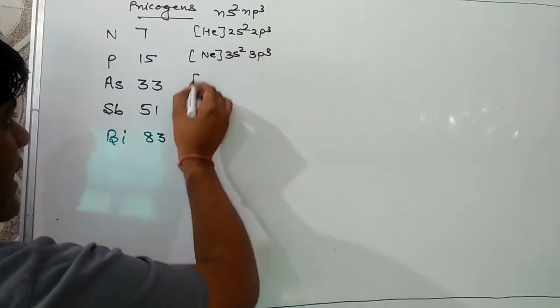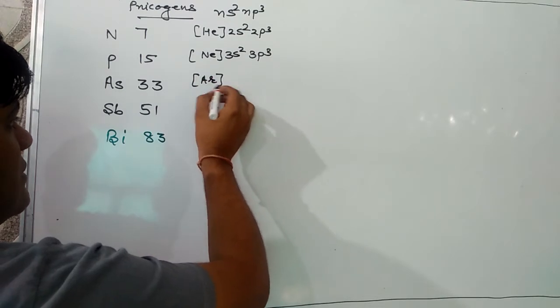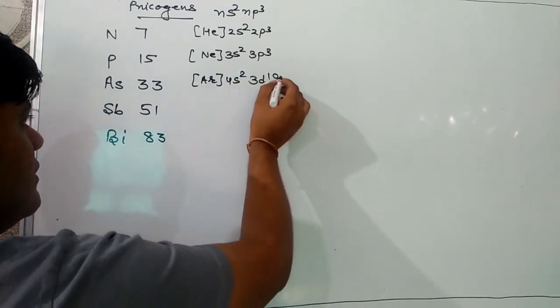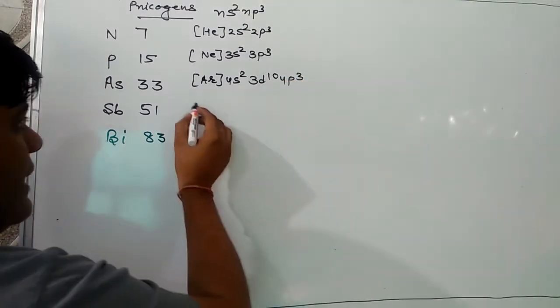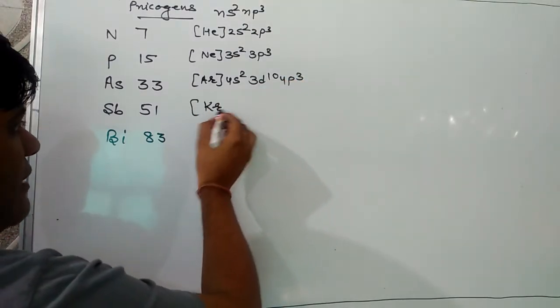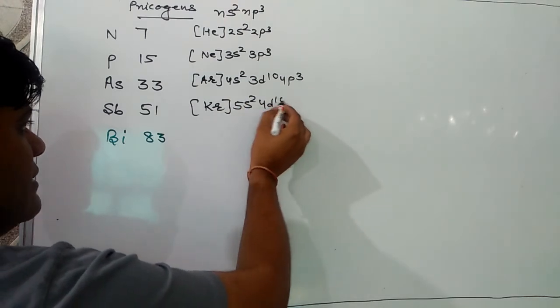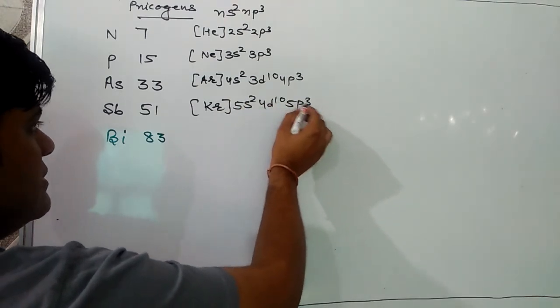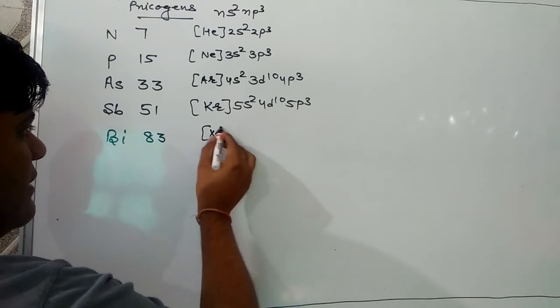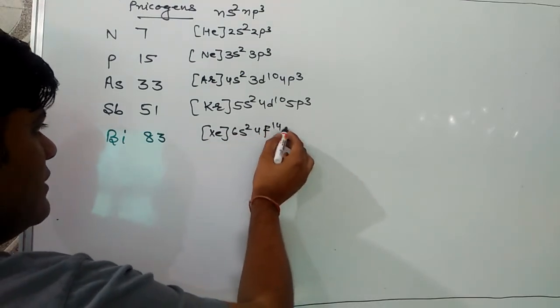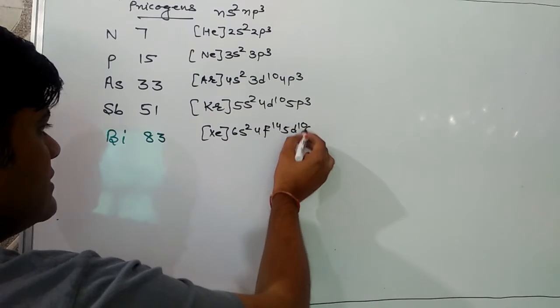For arsenic, argon 4s2 3d10 4p3. For antimony, krypton 5s2 4d10 5p3. For bismuth, xenon 6s2 4f14 5d10 6p3.